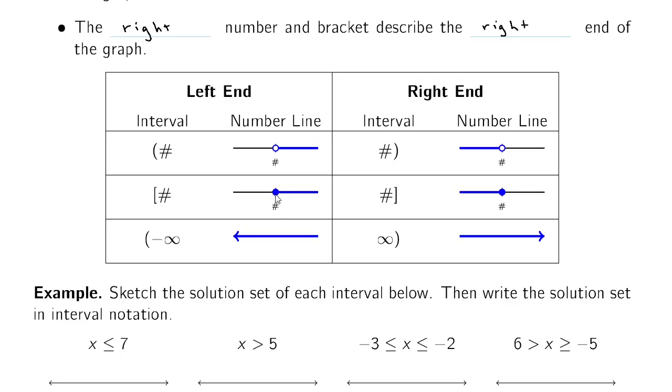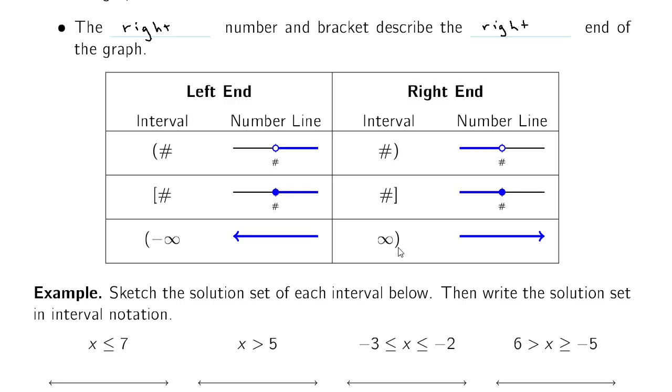If the left end is a closed dot at a number, we have a square bracket and a number. If the left end just continues forever, we have a round bracket and -infinity. Similarly on the right, if the right end is an open dot at a number, we have the number followed by a round bracket. Closed dot at a number, we have the number followed by a square bracket. Continuing forever to the right, we have infinity followed by a round bracket.